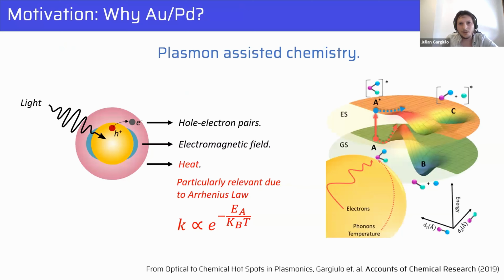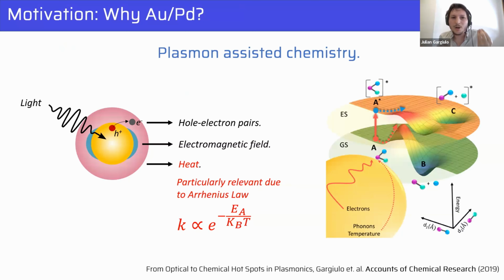Well, you know that there is a field called plasmon-assisted chemistry, and this field aims to exploit the properties of plasmonic particles for a chemical reaction. As I said before, a plasmonic nanoparticle can be thought of as a nano source of hot electrons, a source of electromagnetic field, and a source of heat.